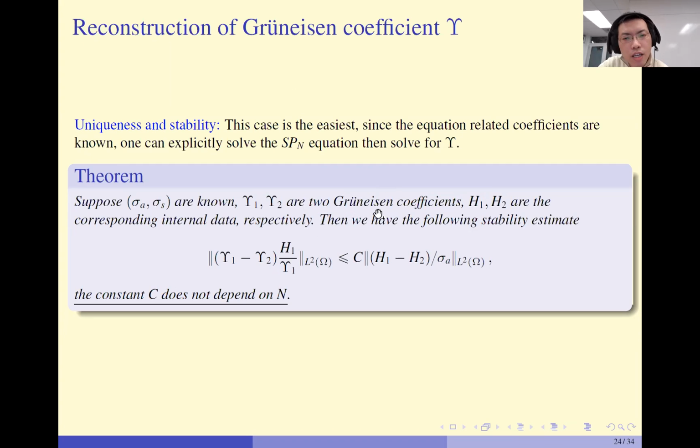Then we can directly give an explicit reconstruction scheme for the coordination coefficient, and you can show this stability estimate is good, and also sharp, and this C does not depend on the choice of the model parameter n. So no matter what n is, this stability is always true.